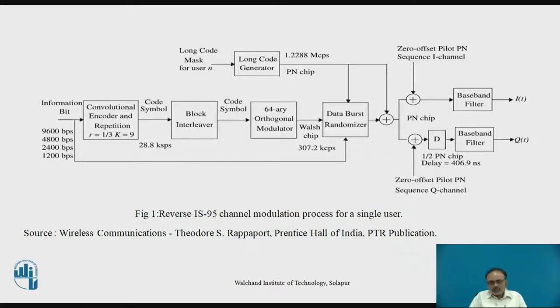At the last, the baseband filter has been introduced to remove the interference or the noise, and we can get the symbol with respect to the PN sequence as I of t and Q of t.